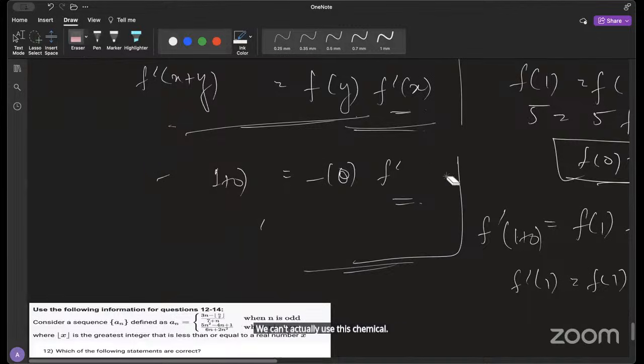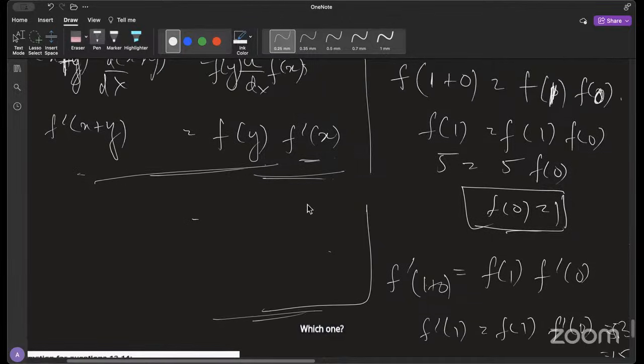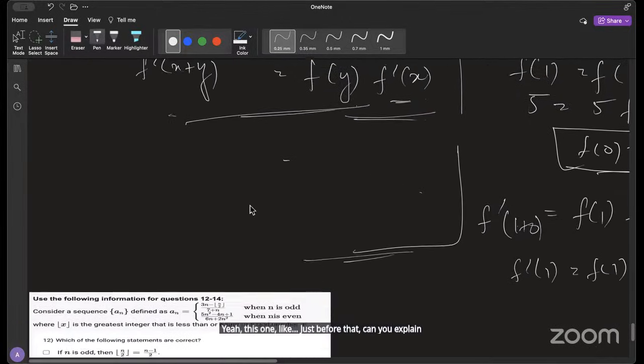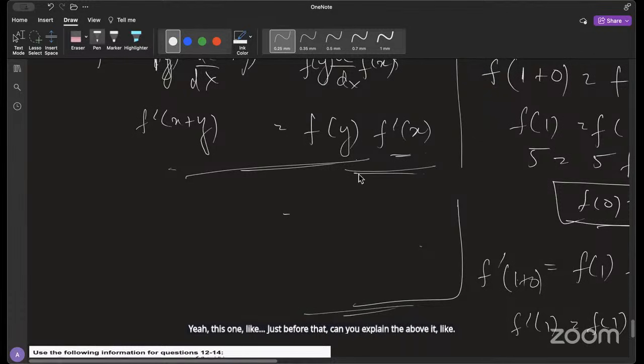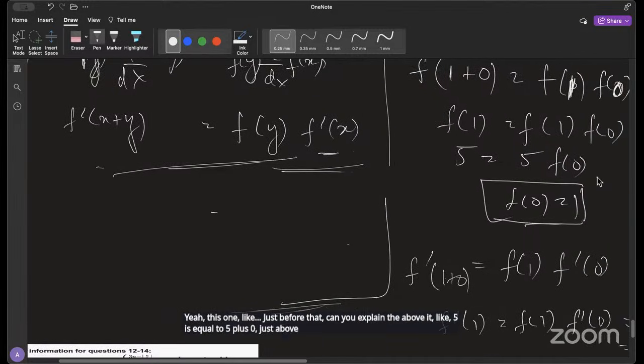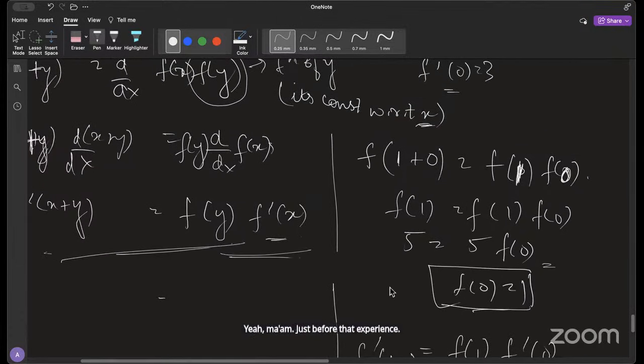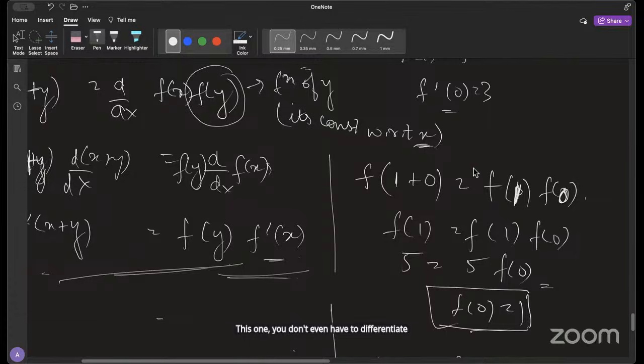Ma'am, the last step, how did you do that? Can you explain the part above it, like 5 is equal to 5 plus 0, just above on the right hand side? Just before that, explain. This one you don't even have to differentiate. You have been given f(x plus y).